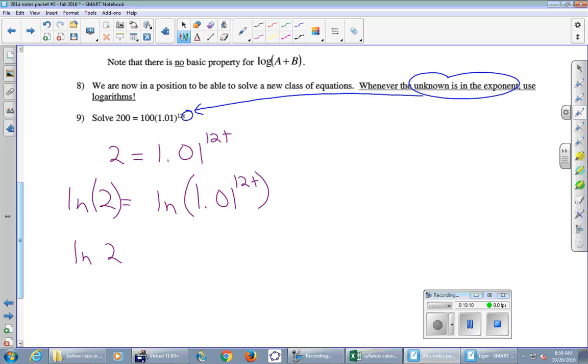Copy the left-hand side. And then we're going to use that property C from right up above, which says what can we do with the power? Bring it down in the front. So the first thing we write here is 12t, and then I'll put a little dot for times ln of 1.01.